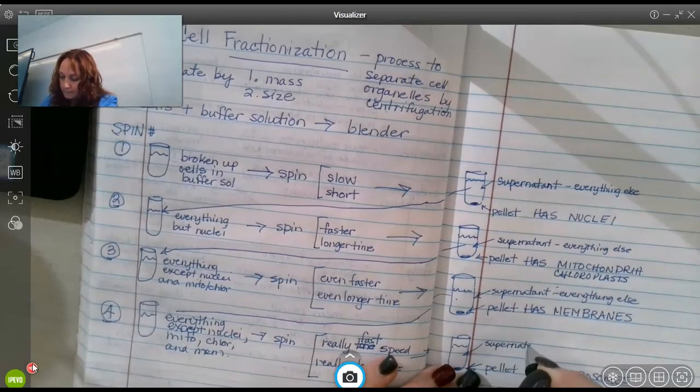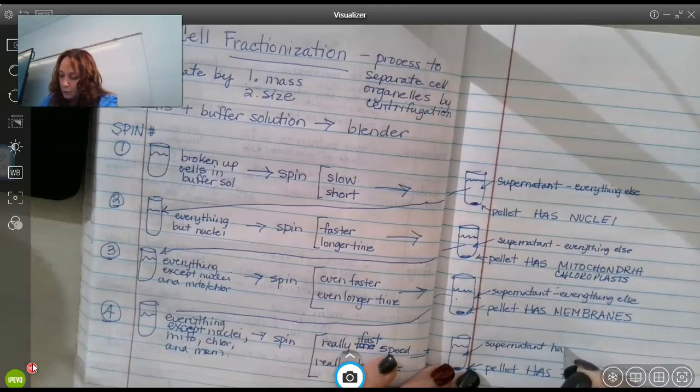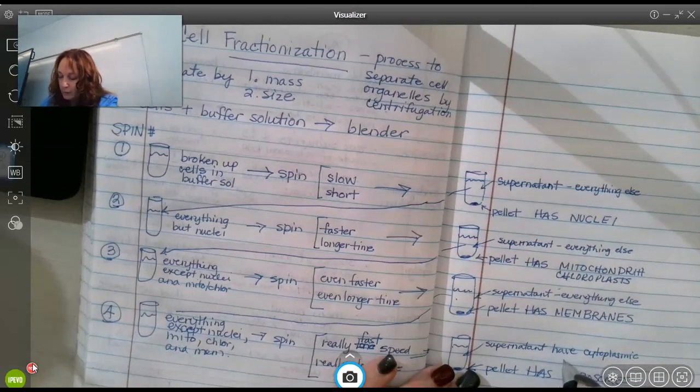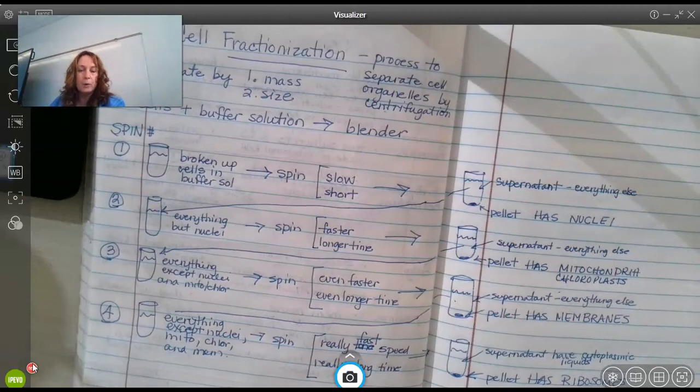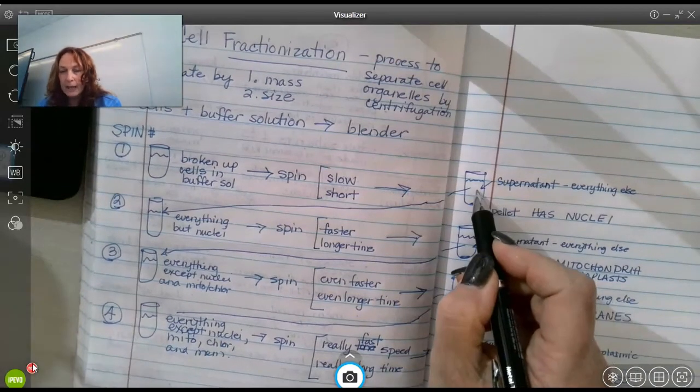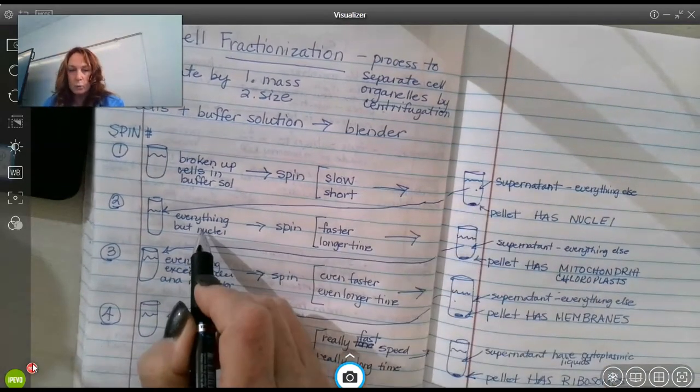It's going to have more of the cytoplasmic liquids, like just the stuff that's still not throwdownable. So sometimes you keep the pellet, sometimes you take the supernatant and respin.